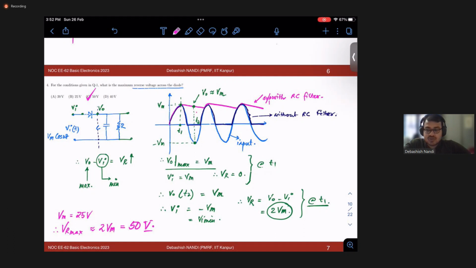Okay. So far we have discussed diode circuits. Last week we discussed some clippers, clampers, Zener diode circuits, and some peak detector circuits also.